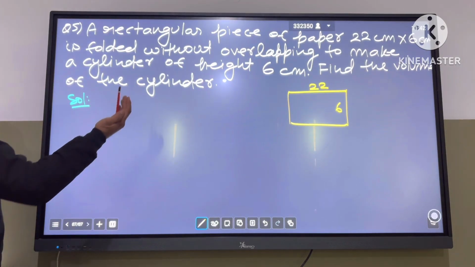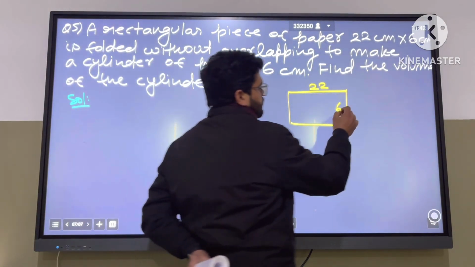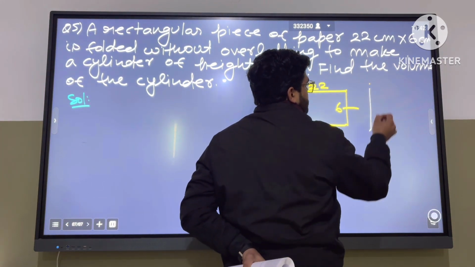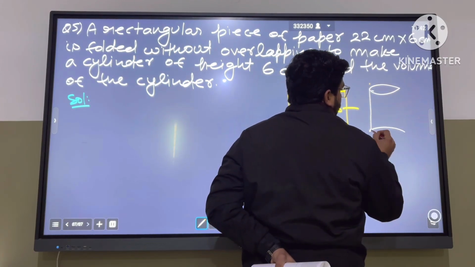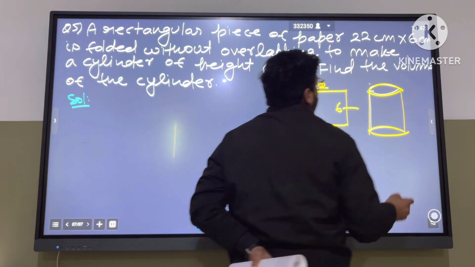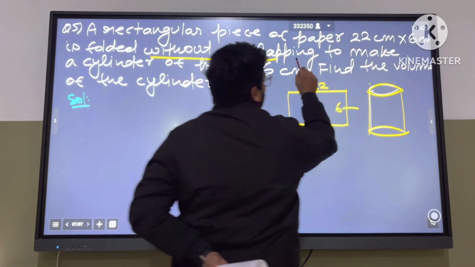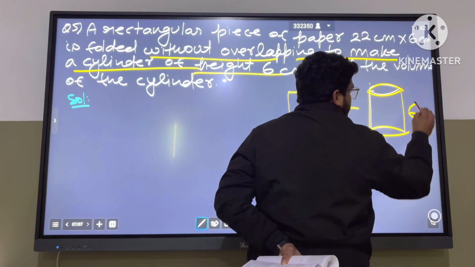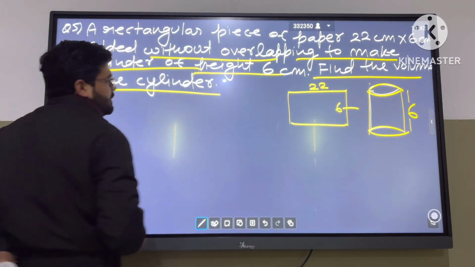They said that we folded it without overlapping. Without overlapping means we did not overlap it on itself. In this way, a cylinder is formed like this. Folded without overlapping to make a cylinder of height 6 centimeter, and the height of the cylinder is 6 centimeter. Find the volume of the cylinder.